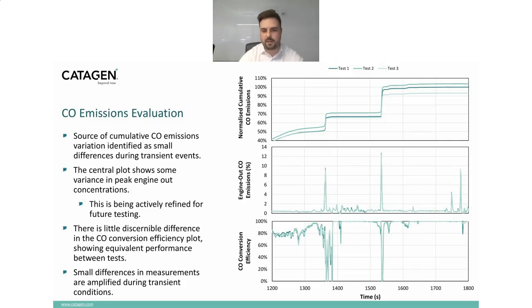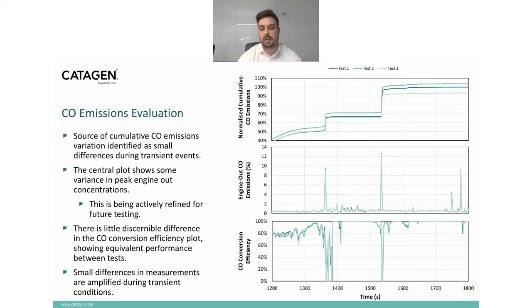So I've pulled together a series of images to investigate this. We've looked at this, and the source of these small differences in cumulative CO emissions is small differences in measurements during our transient events. If we look at the central plot, we see some variance in the engine out concentrations, particularly during the peaks.